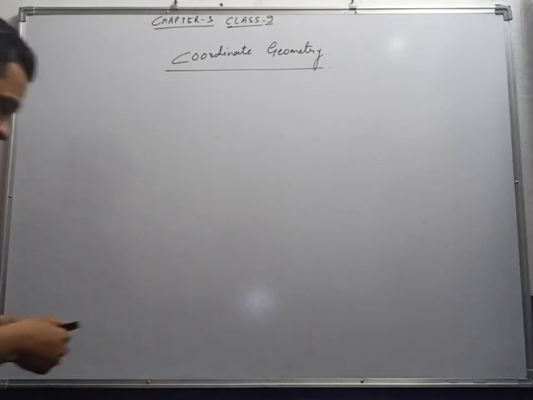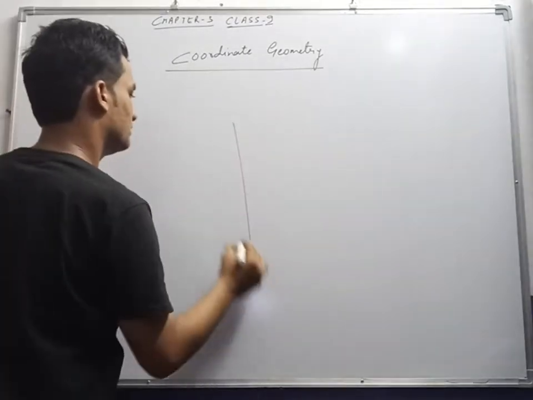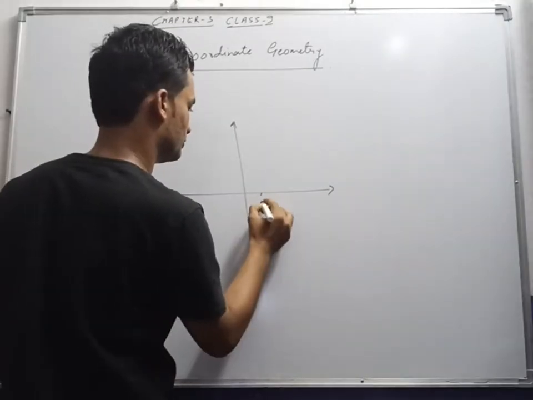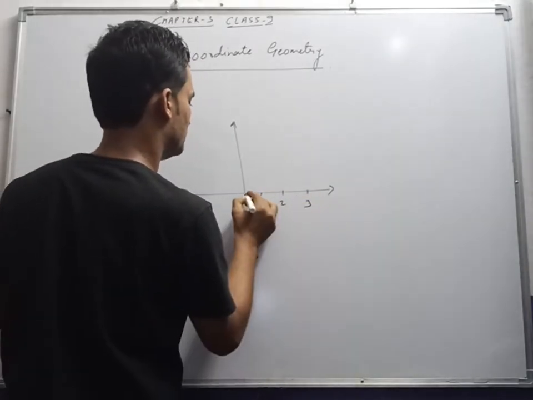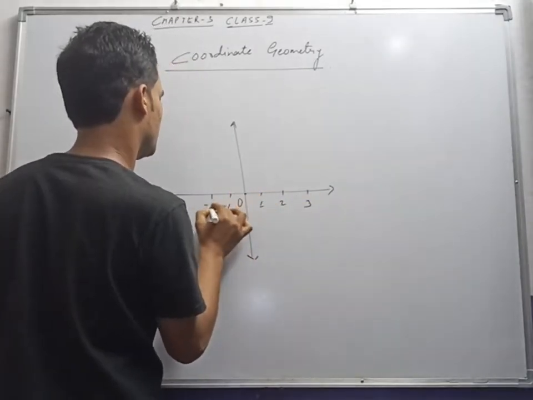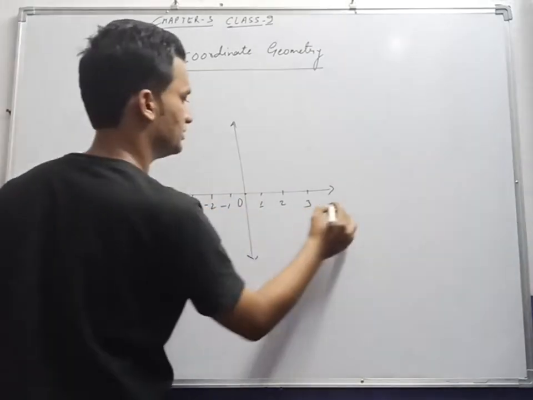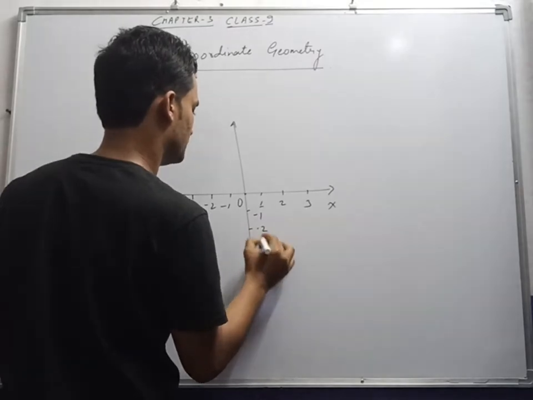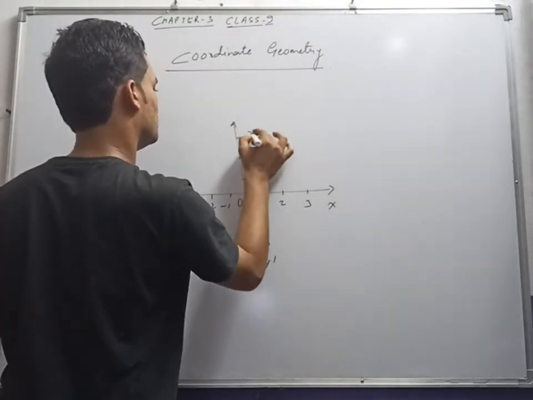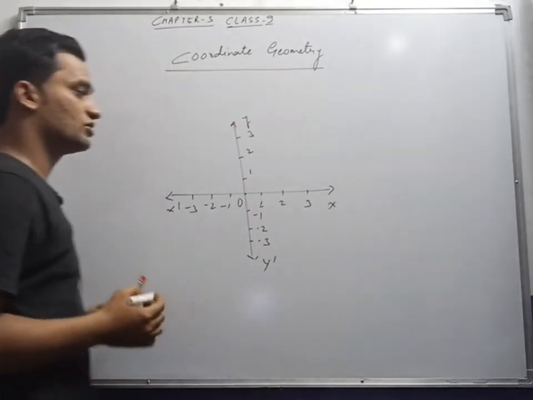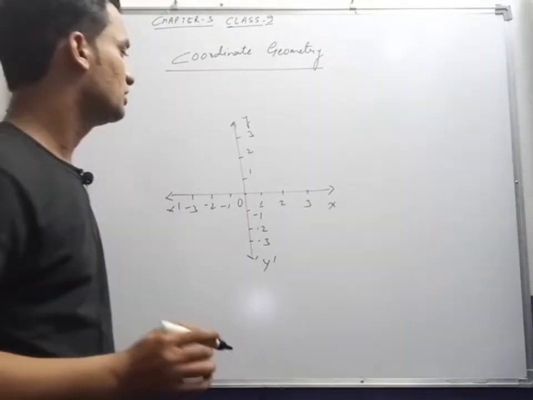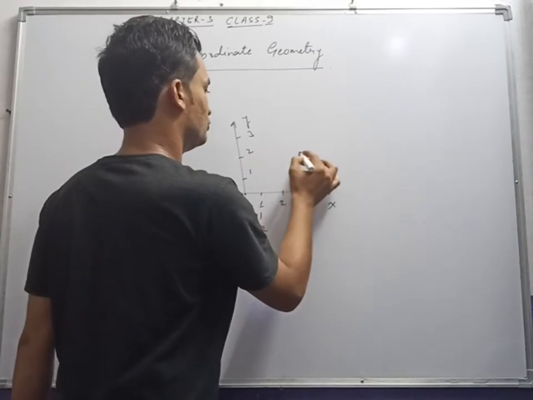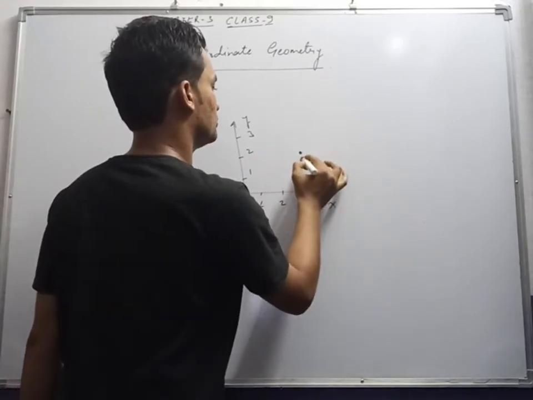Suppose this is 1, 2, 3, 0, minus 1, minus 2, minus 3 on x dash and x. This is y dash and y, with minus 1, minus 2, minus 3 and 1, 2, 3. Suppose x is 3 and y is 2, so somewhere here is a point.